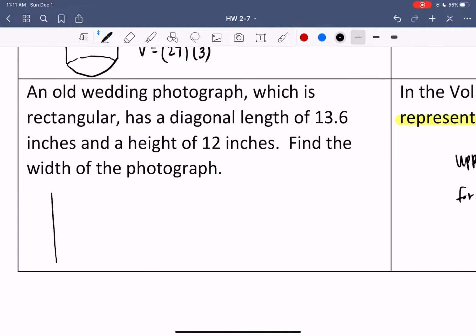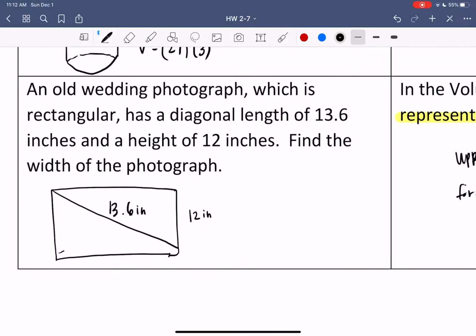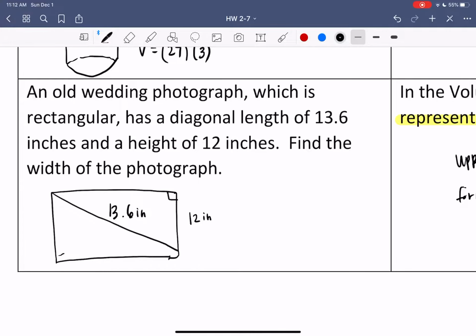So we have a rectangle which has a diagonal length, so in here my diagonal length of 13.6 inches and a height of 12 inches.